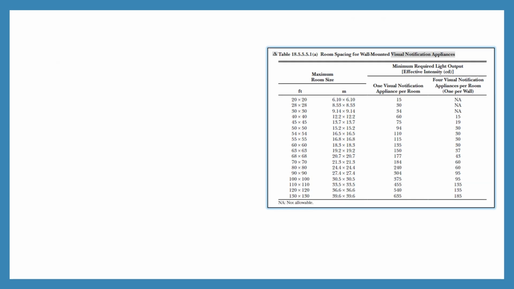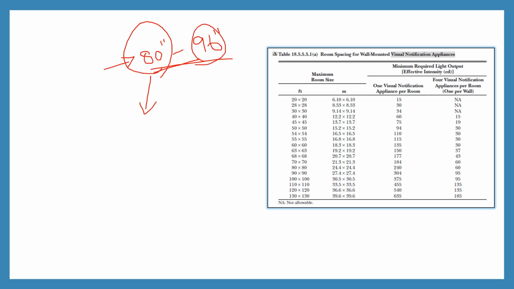So let us discuss the exception rule for visual notification appliances. The installation height for the strobe shall be between 80 inch and 96 inch, but in certain cases we are not able to follow this particular range, so we might need to install at less than 80 inch in some floors.